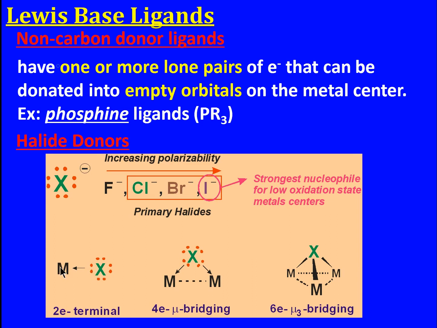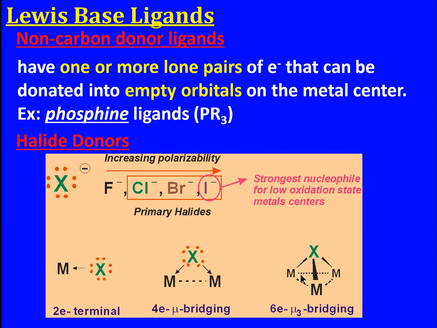One lone pair from X to M, and the halide is a 2 electron terminal donor. The halide may be bridging between 2 metal centers and is a 2 electron donor to each metal center, or 4 electron donor in total, so 4 electron mu bridging.